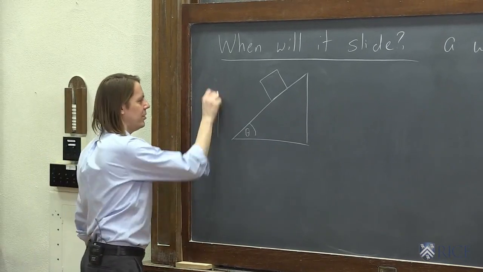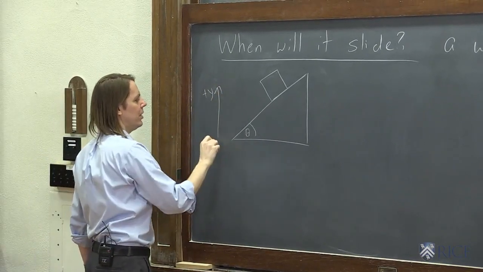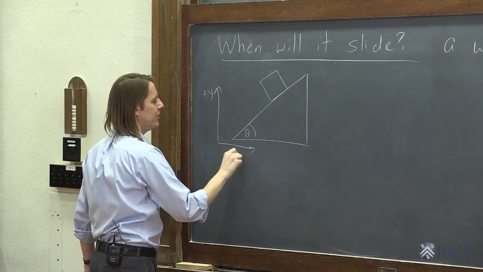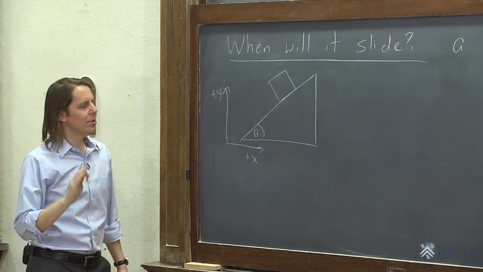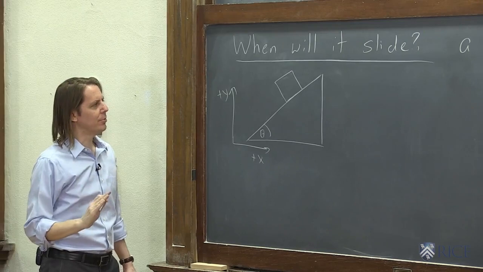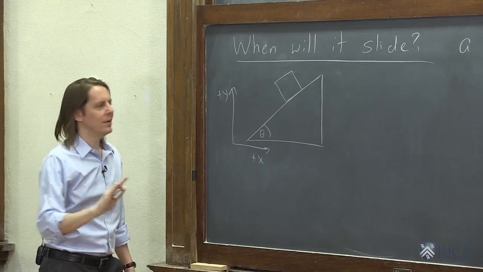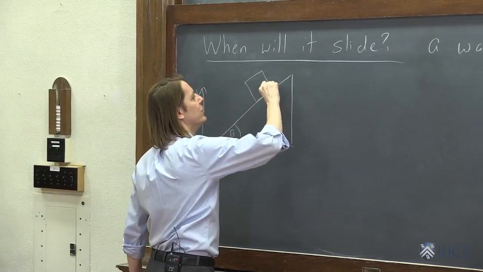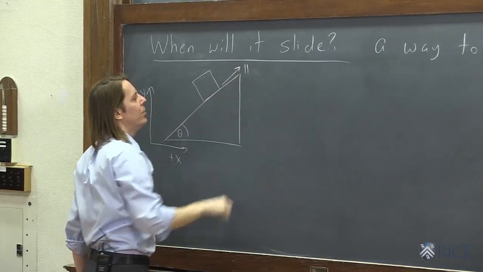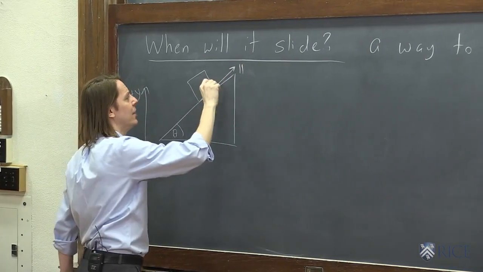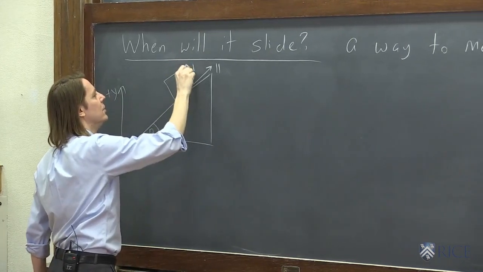We could think of this in a Cartesian system like this, plus y direction, plus x direction. But a lot of times these inclined plane problems are easier if you rotate your coordinate system and talk about a coordinate system where you have a direction parallel to the surface, along the surface, and a direction perpendicular to the surface.